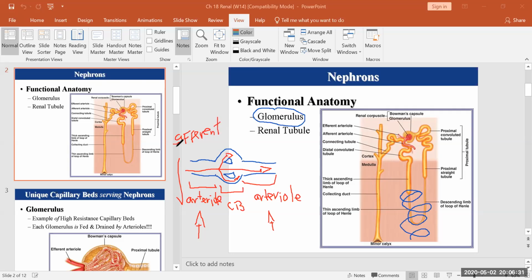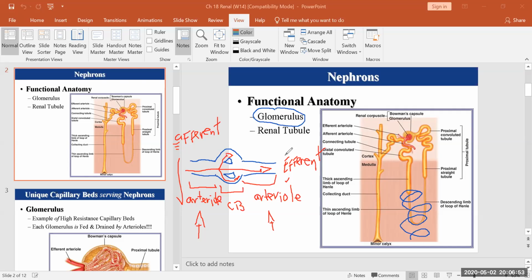The A here, arriving. The one that exits the capillary bed, this is called efferent or efferent arteriole with an E. E for exit, so you remember, right? So it's leaving the capillary bed.